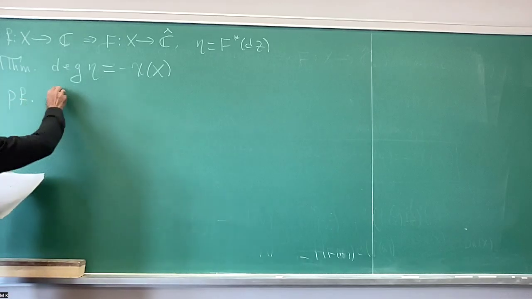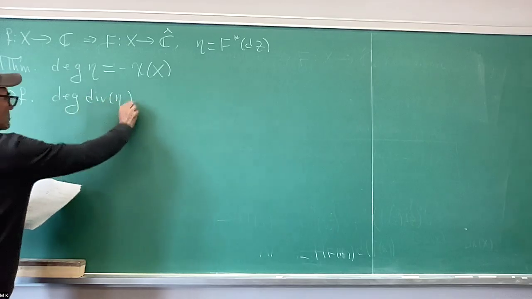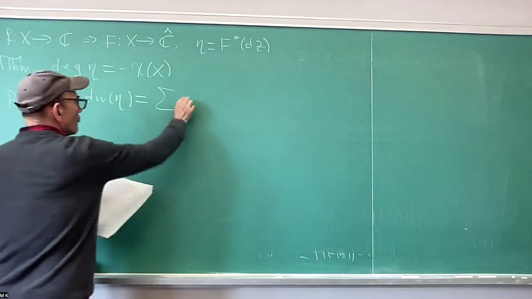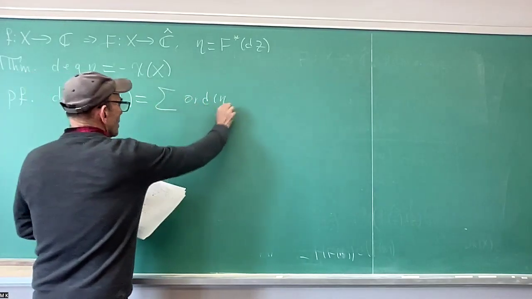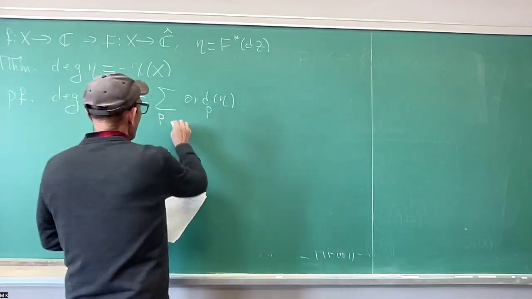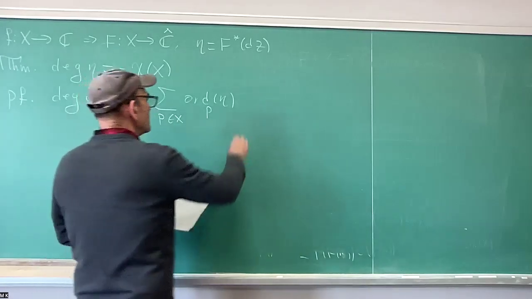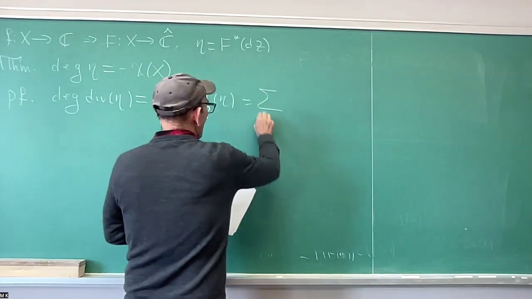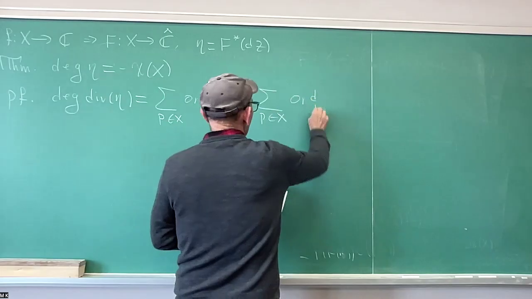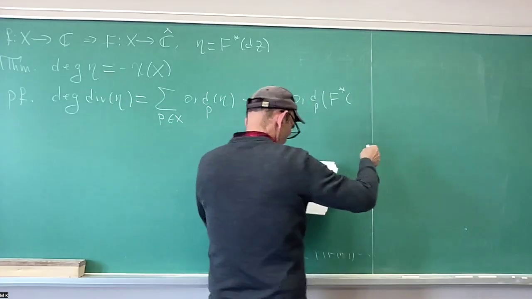So degree of divisor of eta, this we know what it is, sum of order of eta at various points p belonging to X. So this is equal to sum at various points on X, order of, I mean, eta was f star of dz, right?